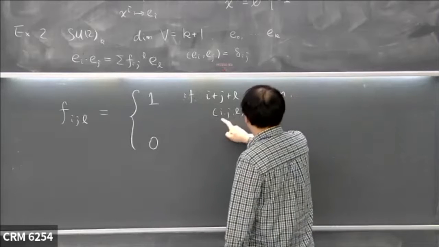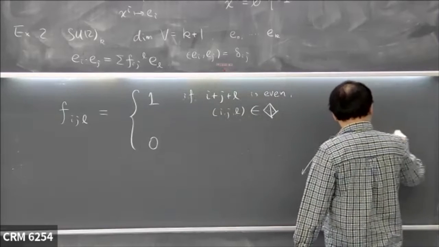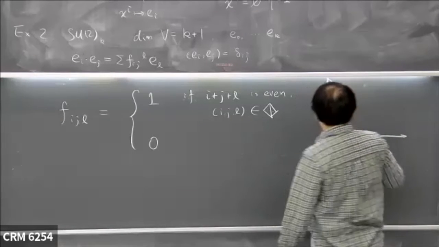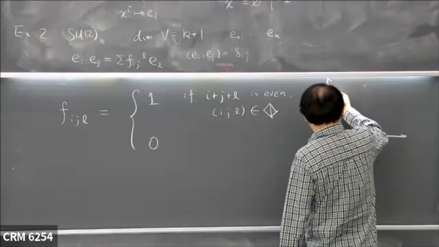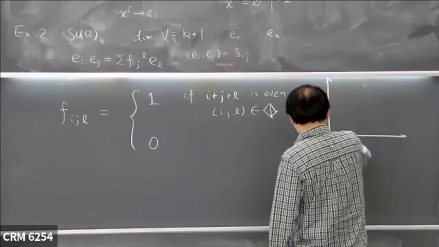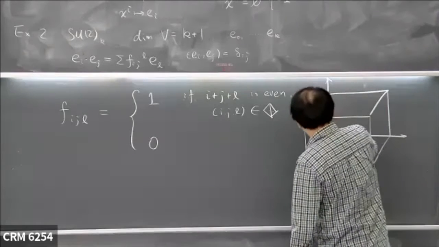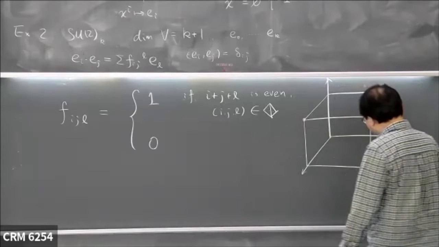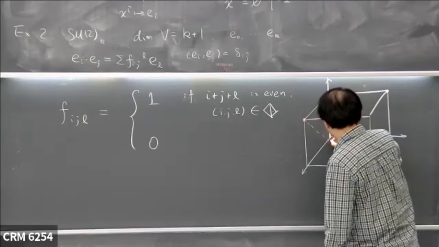We have 3 indices for the fusion coefficients, and we can imagine a cube of size K by K by K. We take these 3 special vertices along with the origin, and we have a tetrahedron like this.